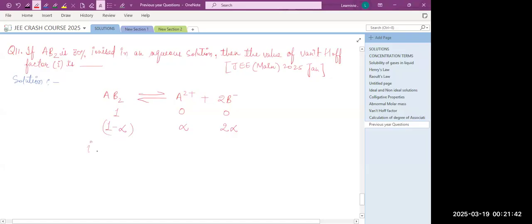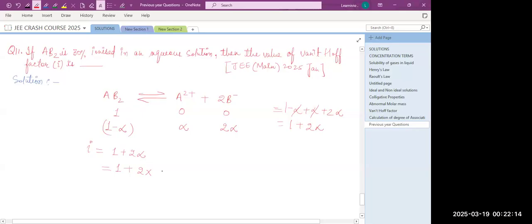So for the i factor, we know that it will be 1 minus alpha plus 2 alpha. This will cancel out and you will get 1 plus 2 alpha, right? Just substitute the value of alpha. 1 plus 2 into, what is given here is 30% ionized, right?